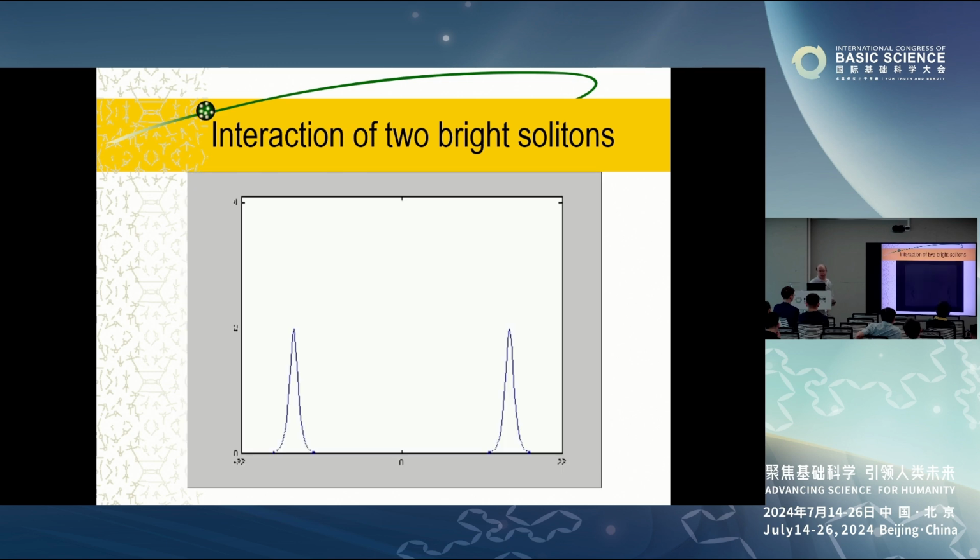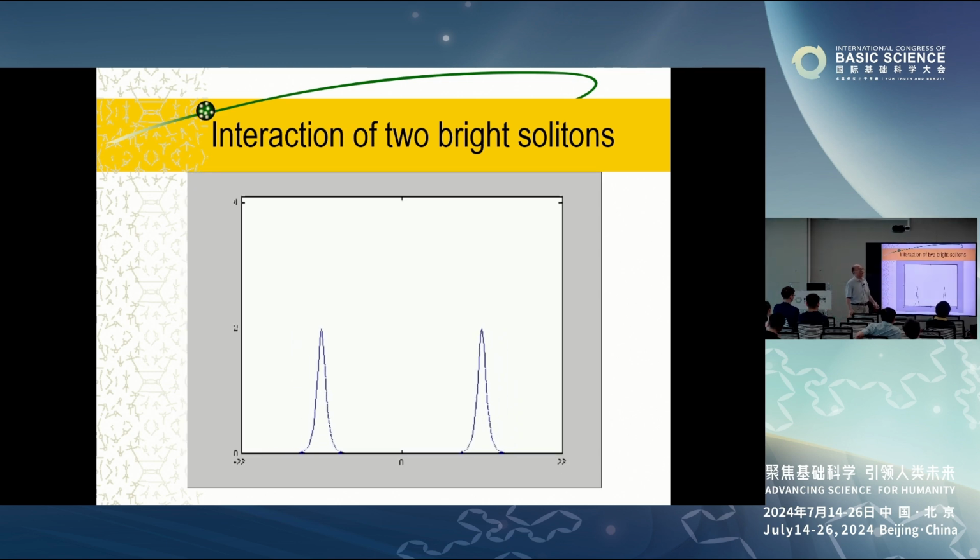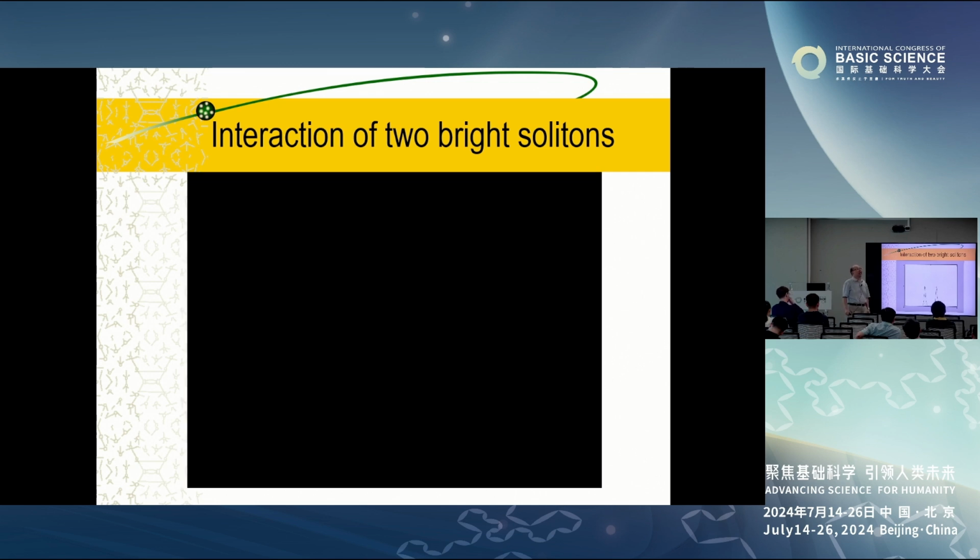Before the two solitons meet each other, they move towards each other and their profile doesn't change. When they meet, they interact and generate some sound wave. Interestingly, after the interaction, they separate completely. This is one of the phenomena of the integrable system in one dimension.